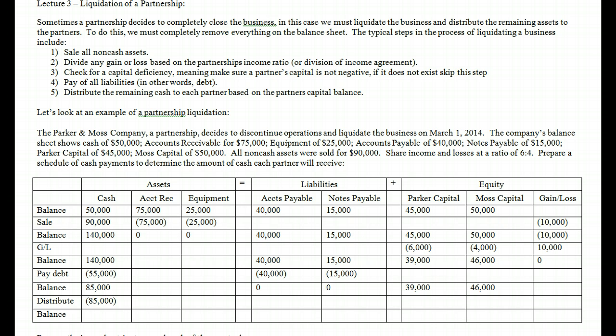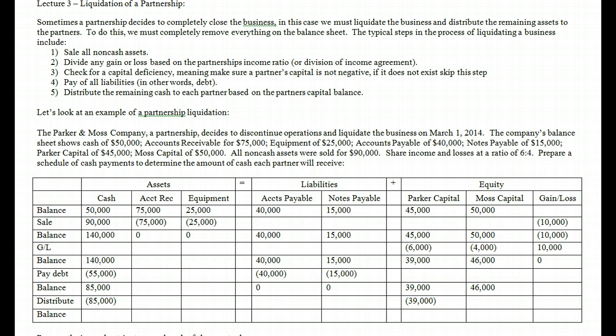Well, when we're liquidating, when we get to the point where we're dividing assets, assets are always divided based on the capital balance of the partner. Remember, the word capital simply means the owner's claim against the assets. So if there's 85,000 in assets and Parker has a capital balance of 39,000, that means he has 39,000 in claims. So he is going to get 39,000.